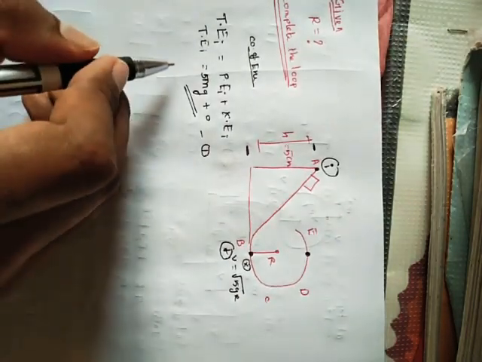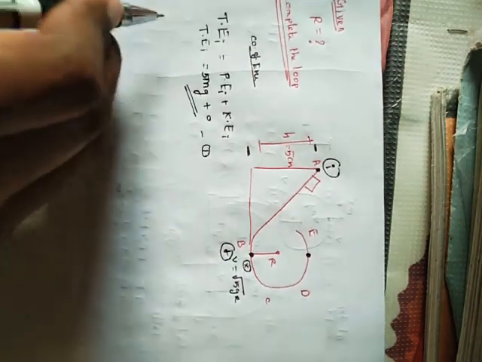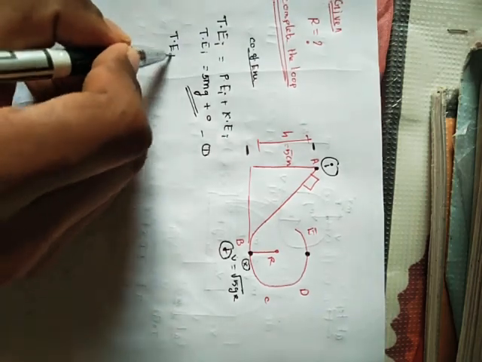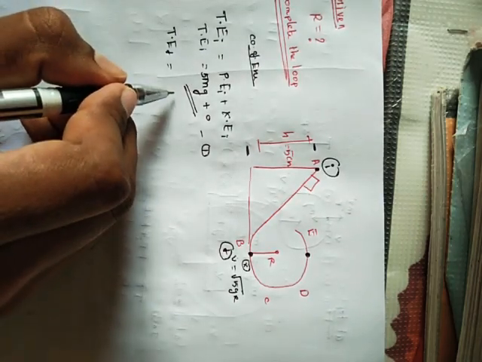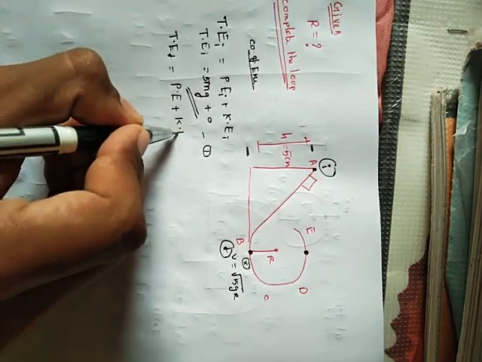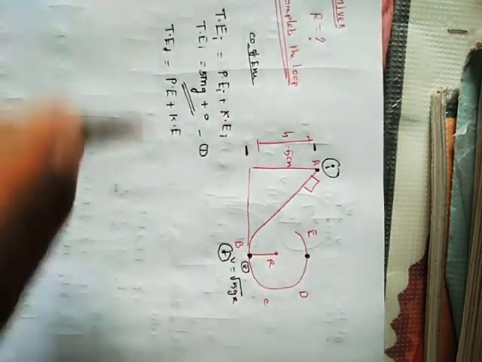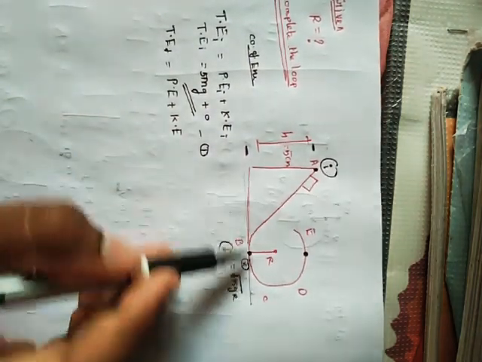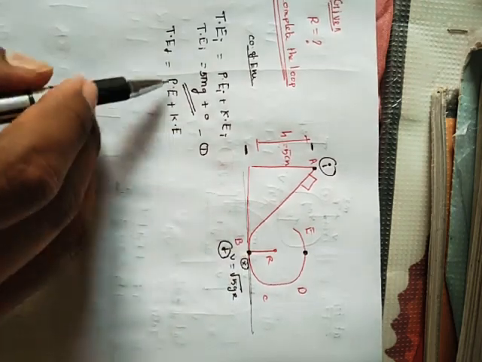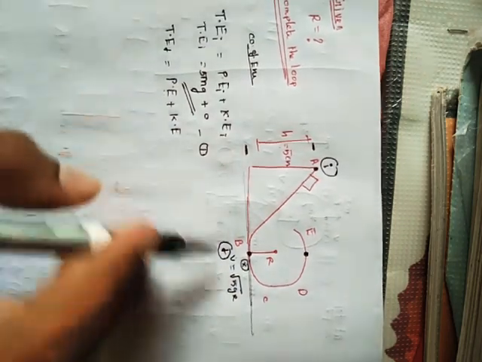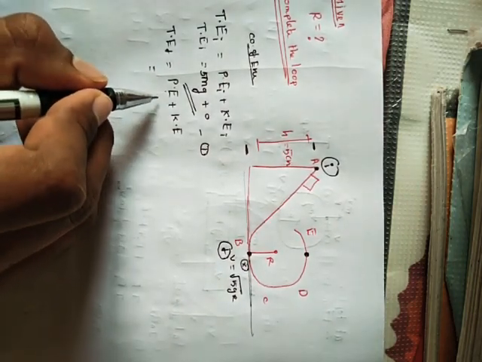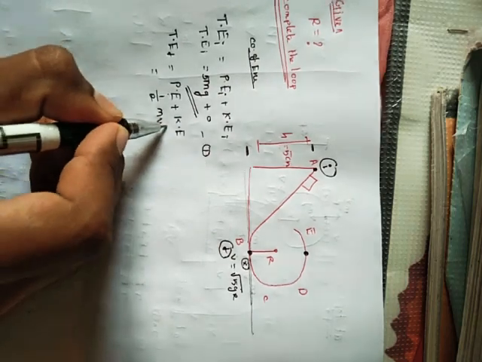And at the final point, applying conservation of energy, the final total energy is potential energy plus kinetic energy. Here I'm taking the frame of reference at this point, hence it does not have any height, so its potential energy must be 0 because h is 0, but it has some kinetic energy, half mv square.